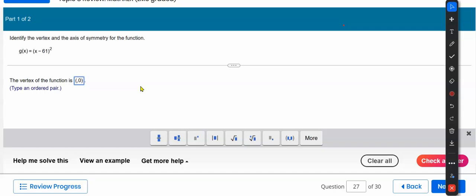But what is the first part of the vertex, the part that goes with the X? -61? You're close. It is +61. Remember, on the inside, it looks backwards of our common sense. I know that you see x minus 61 inside there, but the reality is it's positive 61 because it goes to the right to make up for the minus.